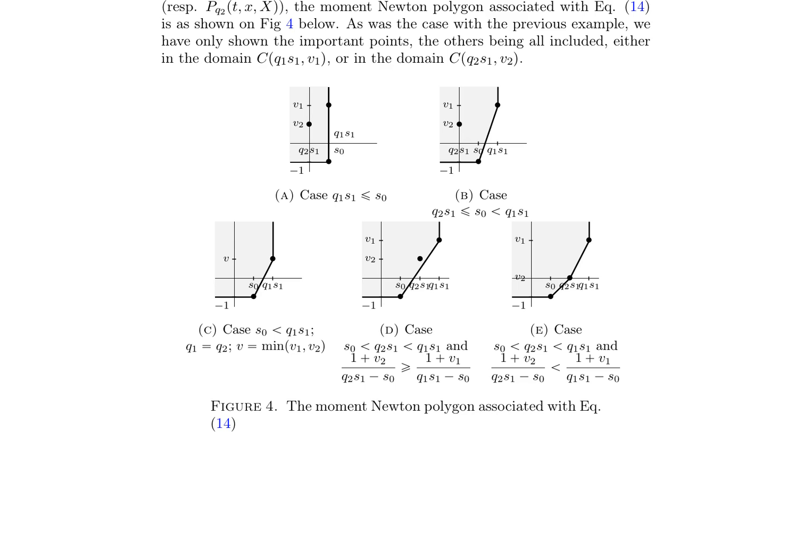The fourth case is characterized by S0 less than q2's 1 less than q1's 1 and 1/v2 q2's 1 0 greater than or equal to 1/v1 q1's 1 0, covering parts of both domains and extending beyond them.